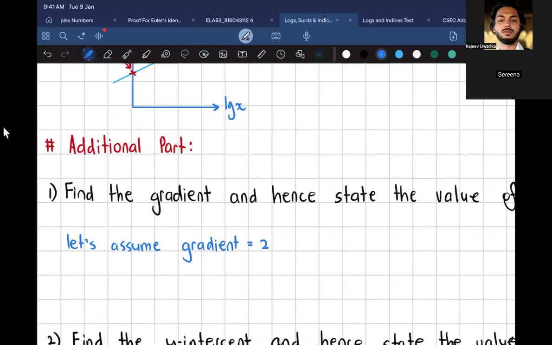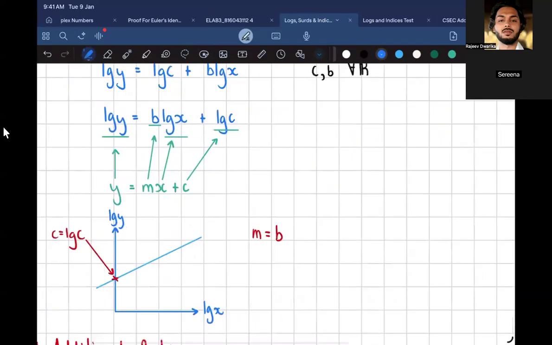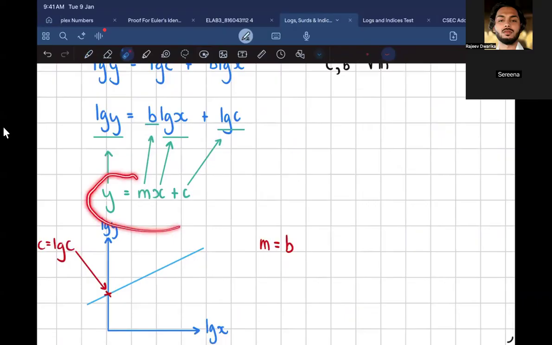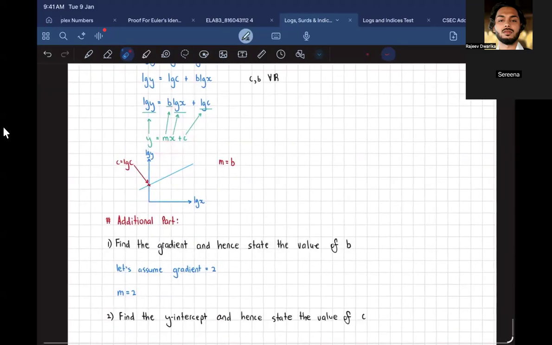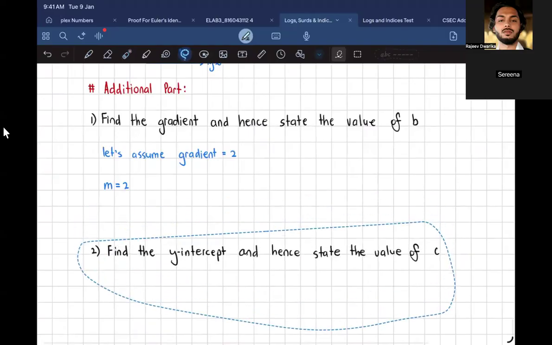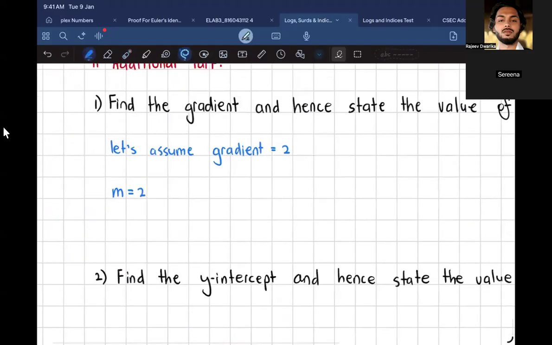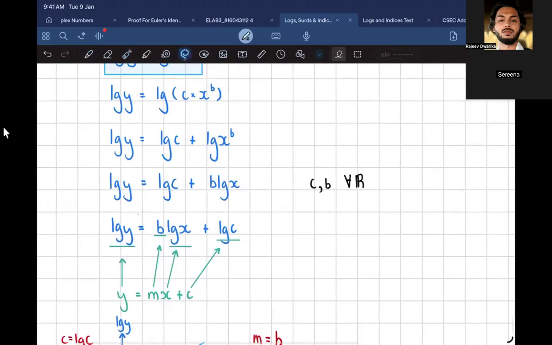So m would be equal to 2, and m corresponds to b. Yes, sir. So for the first one, if m is equal to 2, that would mean b is equal to 2. And how did I know that? Well, from the relationship.